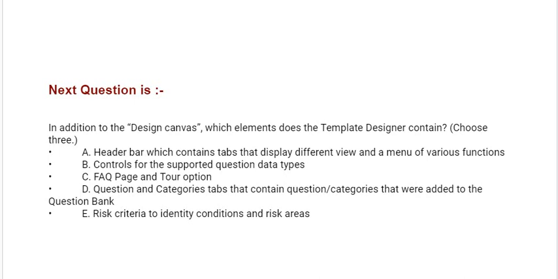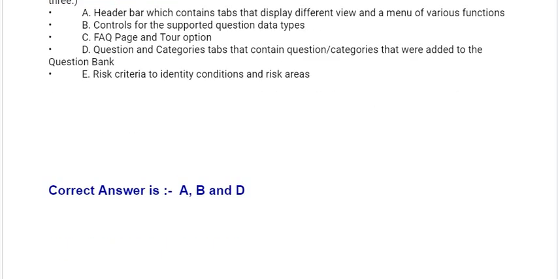Option C. FAQ page and tour option. Option D. Question and categories tabs that contain question categories that were added to the question bank. Option E. Risk criteria to identify conditions and risk areas. Correct answer is option A, B and option D.